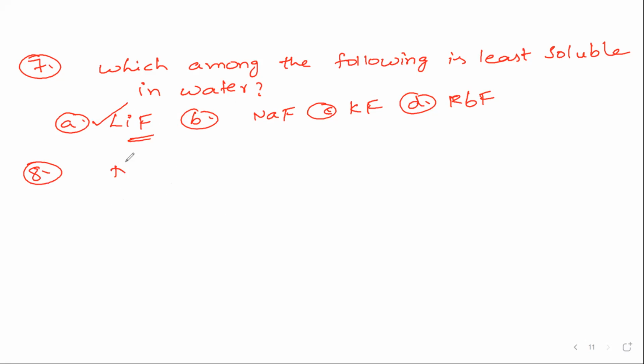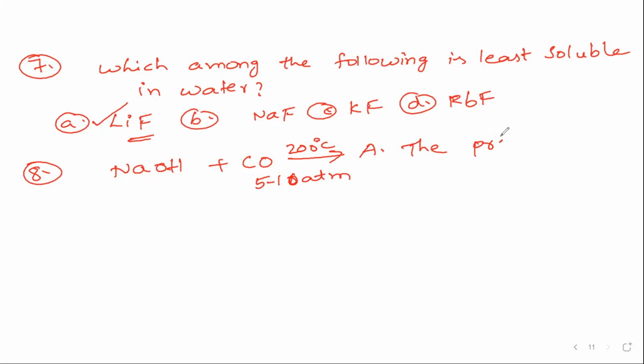Sodium hydroxide plus carbon monoxide on heating at a temperature of 200 degrees C and a pressure of 5 to 10 atmospheres forms a compound A. The product A is option 1, sodium bicarbonate.